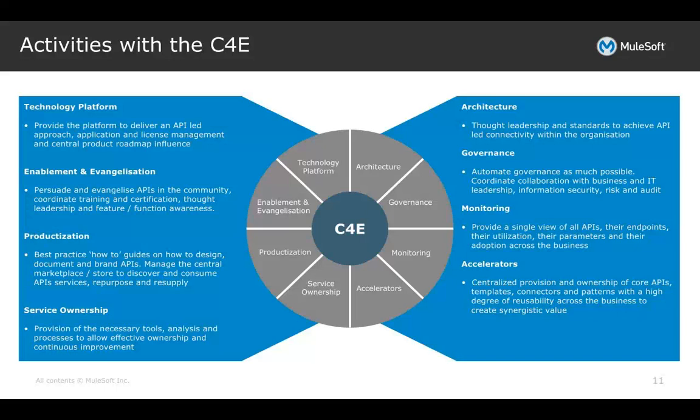So let's go with an example for C4E. We have different components listed here, like technology platform, architecture, governance, monitoring, service ownership, enablement. This C4E is basically used to govern, monitor and manage all the APIs which are developed in an organization.